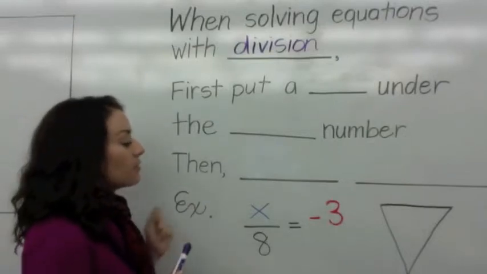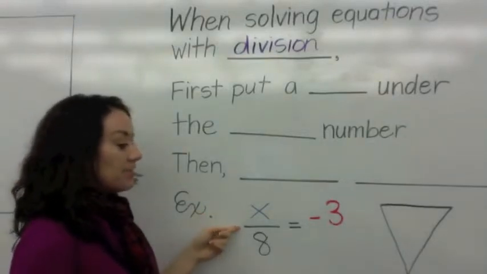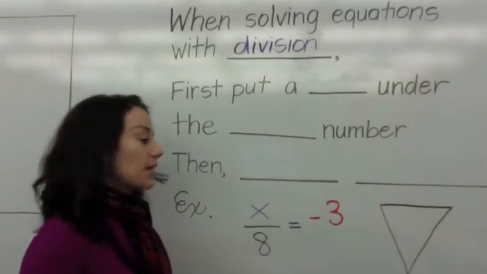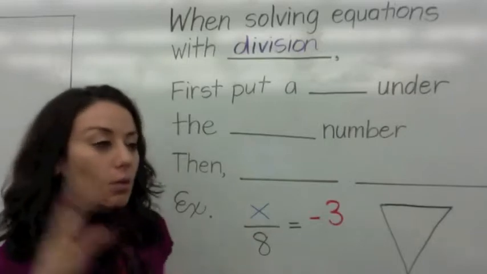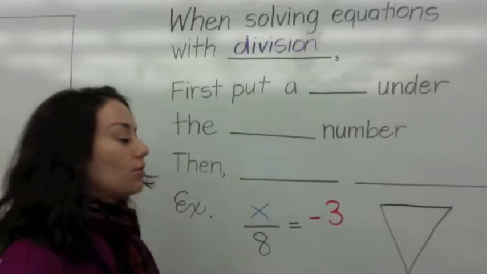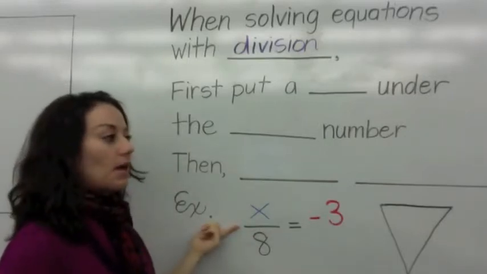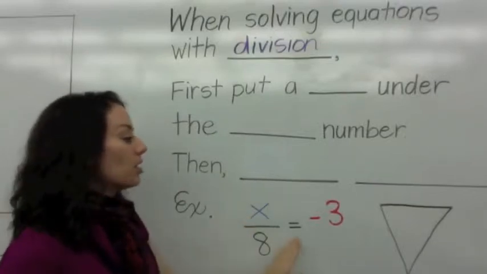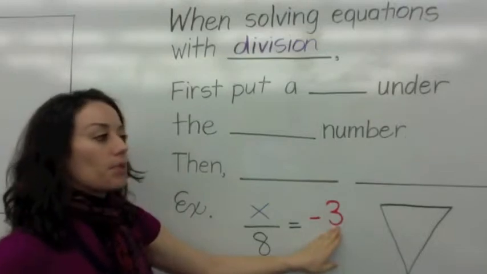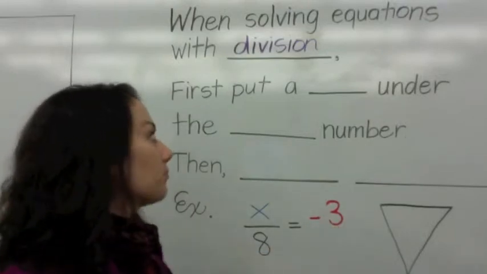For example, if you see an equation that says x divided by 8 equals -3, this is a fraction bar, which means divided by. They're going to have a fraction equaling a whole number.